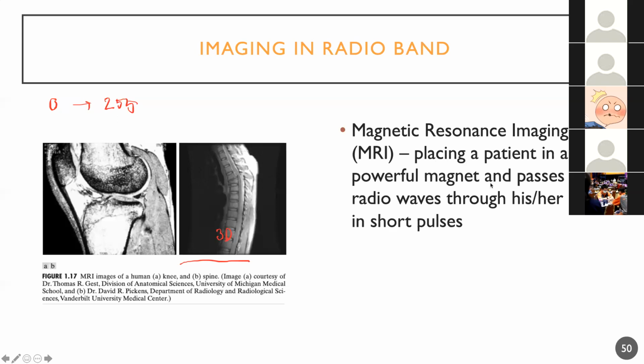And those pulses that are emitted from the patient's tissue will be processed by the computer for location and strength to create a two-dimensional image. So you can use an MRI scan on any plane of the body. A lot of applications have been applied in medical imaging, but the details are quite out of scope. Yeah, it has been applied in a number of applications in medical imaging.